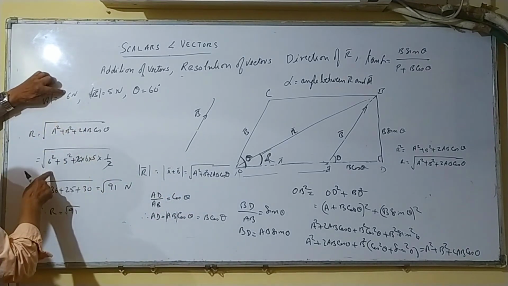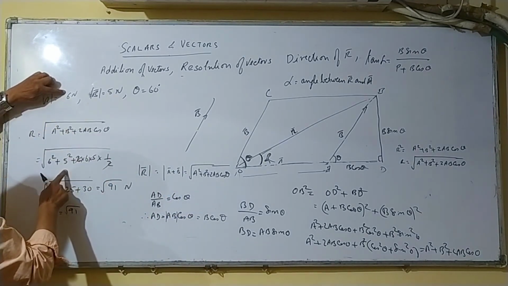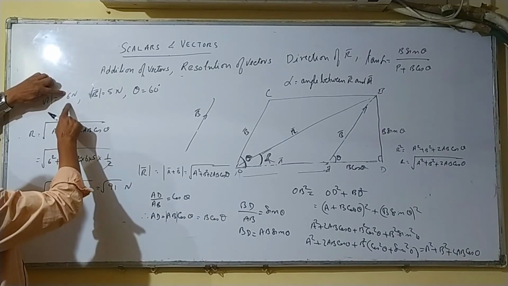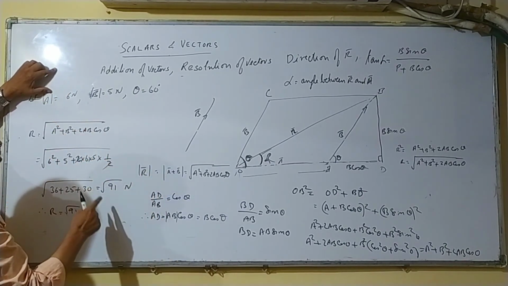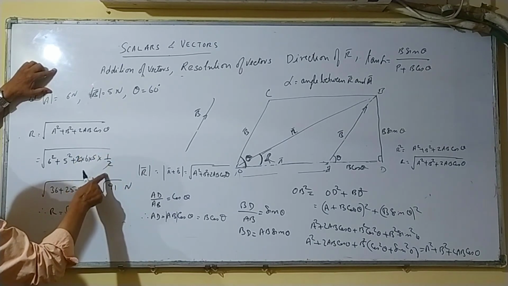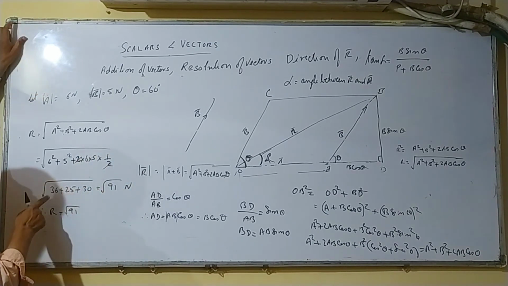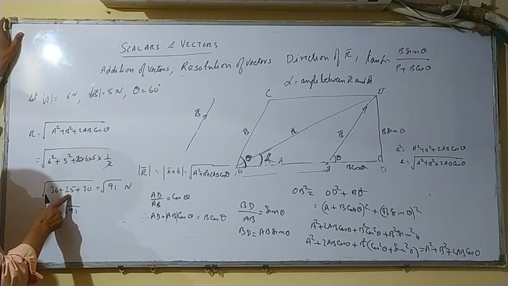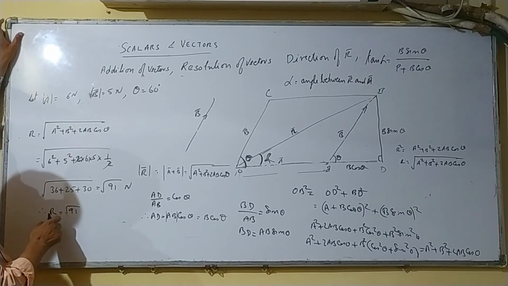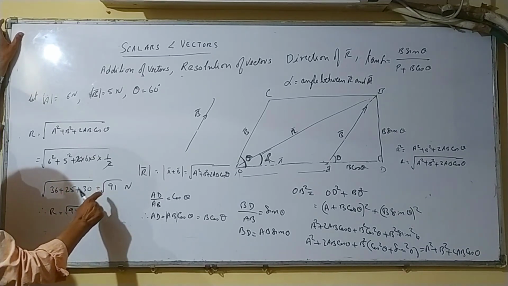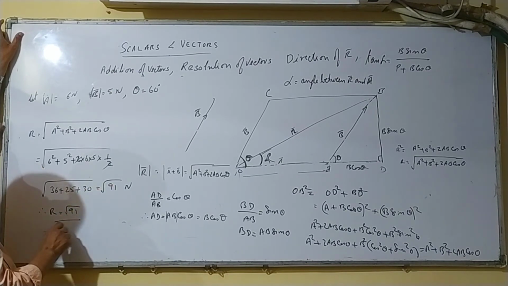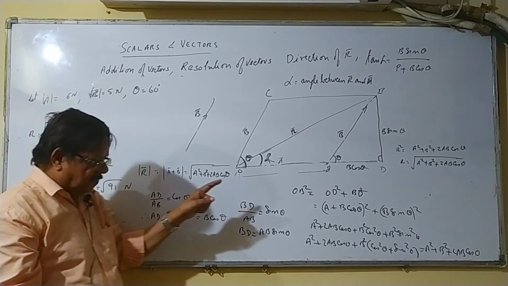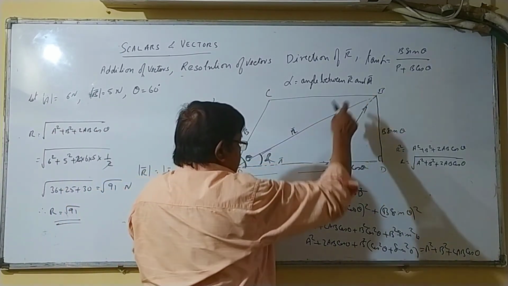So 6 square plus 5 square plus 2 into 6 into 5 into cos 60. Cos 60 is equal to half. So 2 and 2 cancel, 36 plus 25 plus 30 equal to 91. Square root of 91 is R. This is the magnitude of R.